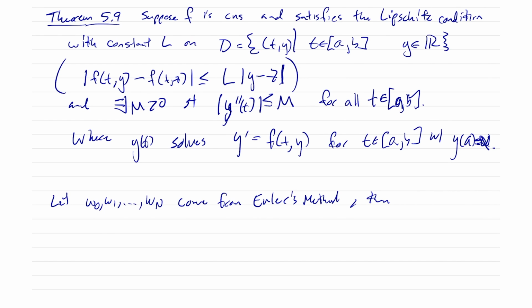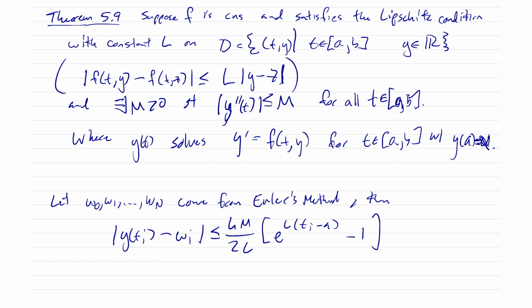What basically we're going to have is |y(t_i) − w_i| is going to be less than or equal to (hM/2L)(e^{L(t_i − a)} − 1).